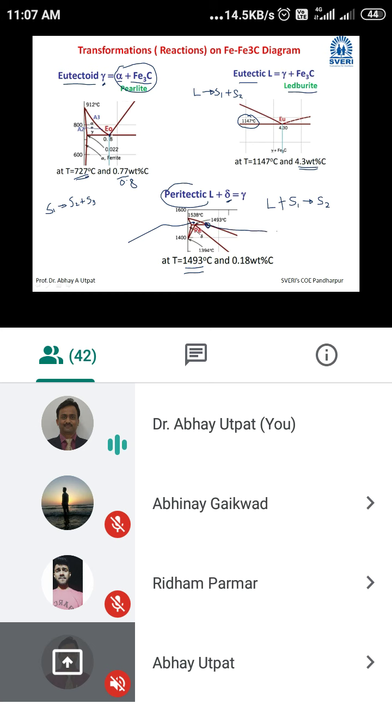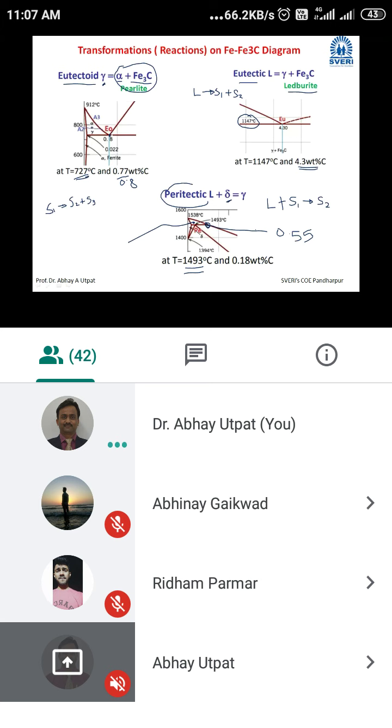This is 0.55%. If the steel has 0.6% carbon, it will never show the delta phase. Directly ferrite, austenite, liquid. No delta. So the delta phase will be observed only for steels having less than 0.55% carbon.